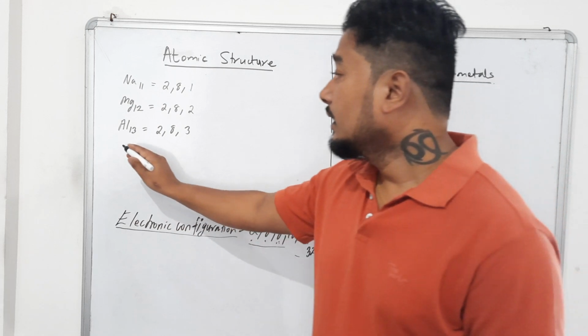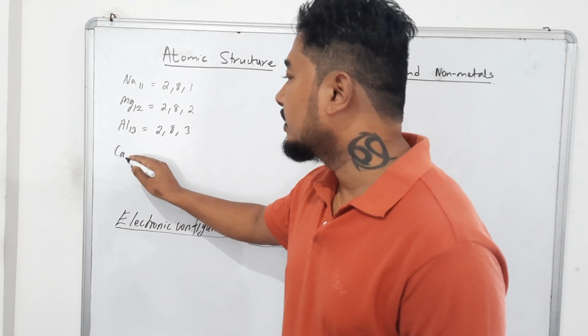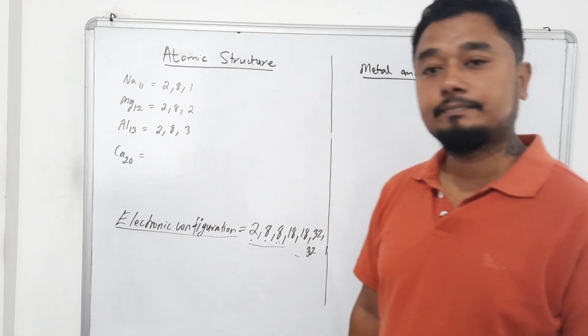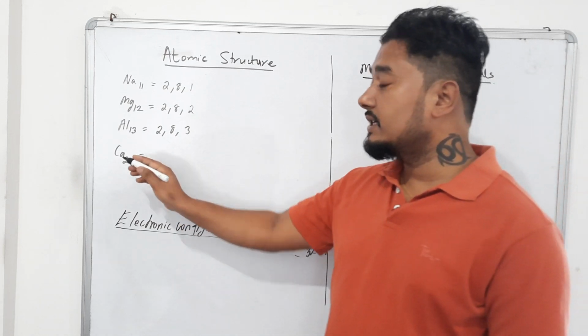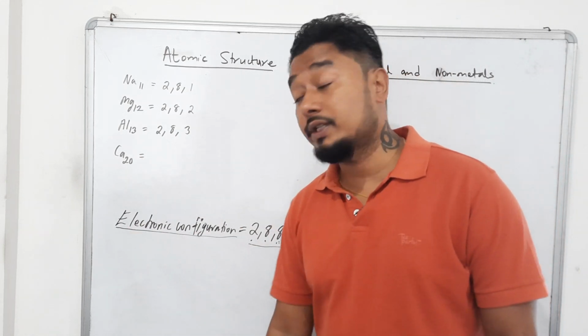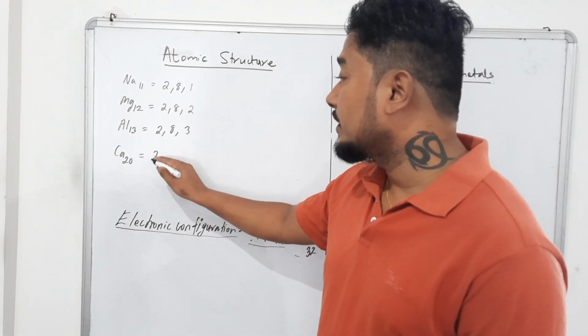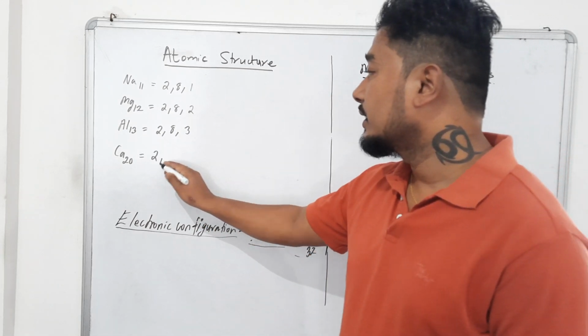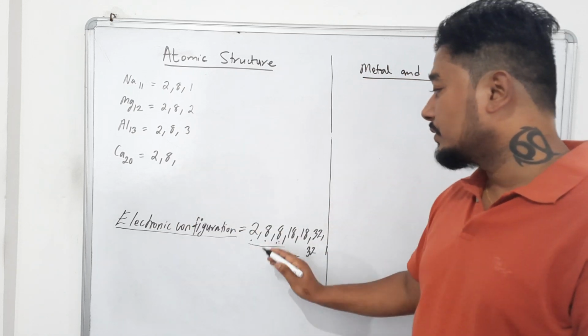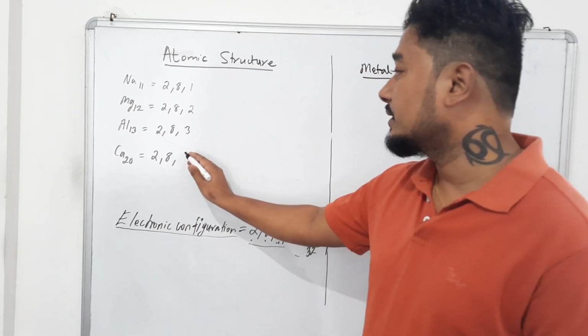Done? Now let us see calcium, whose atomic number is 20. Ca is the symbol for calcium, atomic number is 20. Now let us do the configuration of that again. Atomic number is 20, so in the first shell we can put 2, in the second shell 8, in the third shell also 8.